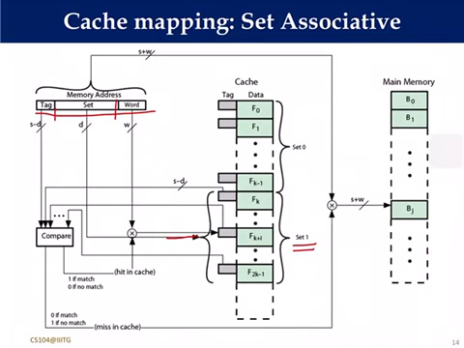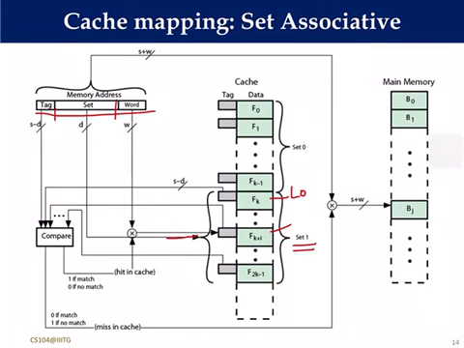Now within that set you will have different lines. This is line 0, let's say, within the set, and this is some line k. The block can be anywhere within these lines, so the comparison logic will be comparing only the number of lines.